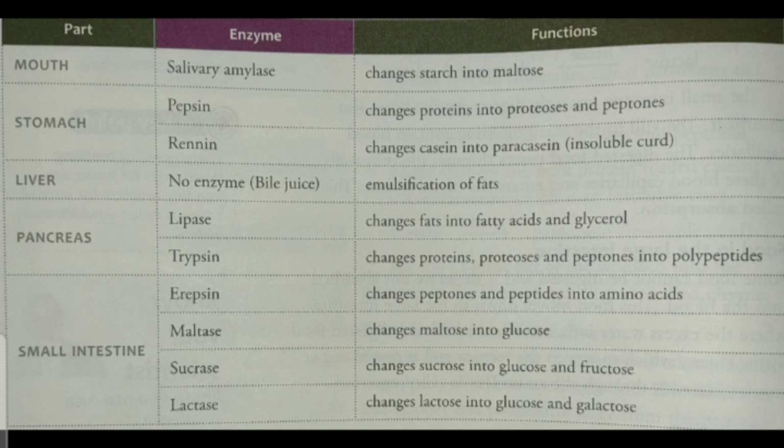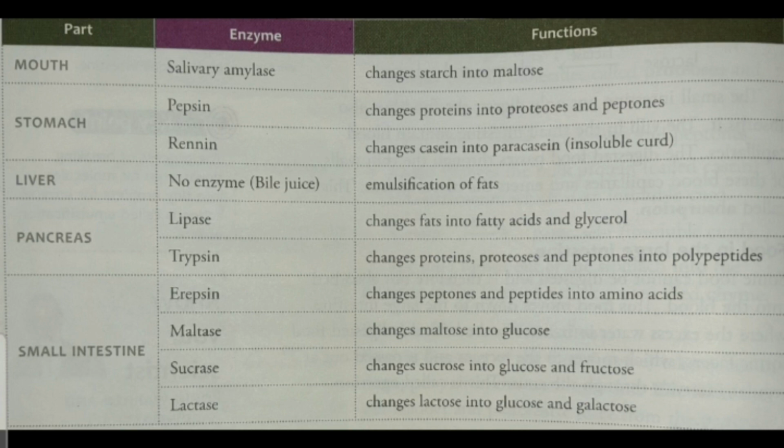The next part, where the pancreatic juice is added, is the small intestine. The small intestine actually has three parts: duodenum, jejunum and ileum.